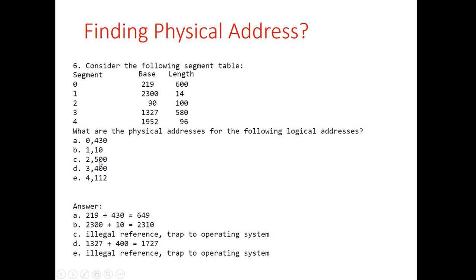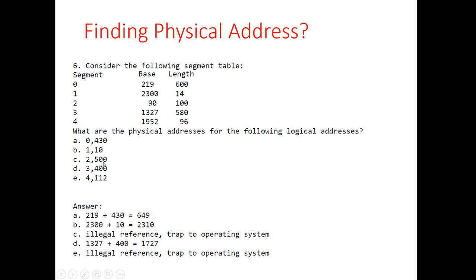Coming to the next reference, 2, 500. Segment number 2, but the instruction reference is 500. Segment 2 is starting from 90, but the length of the segment is only 100. There are only 100 instructions in segment number 2, but here the instruction reference is 500.